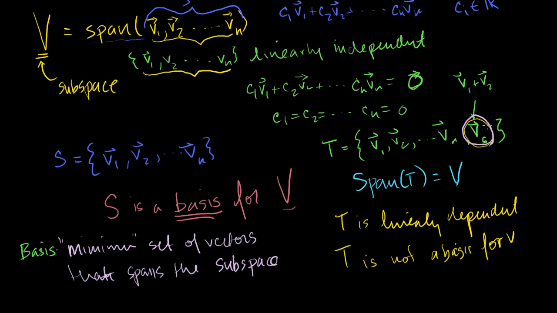I could still remove that guy, and the span of what's left over is still going to span my subspace V. So this guy right here was redundant. In a basis, you have no redundancy. Each one of these guys is needed to be able to construct any of the vectors in the subspace V. So let me do some examples.